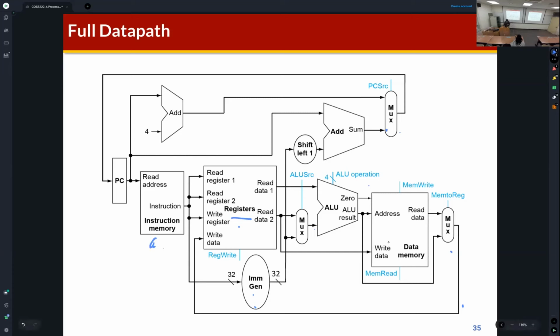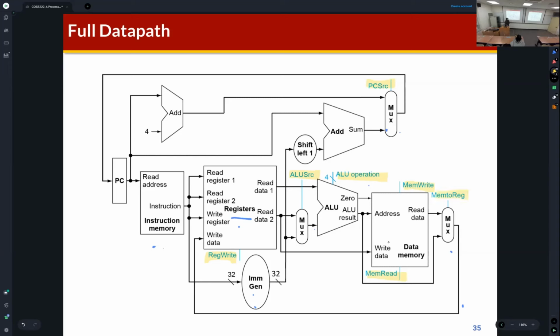So we can build the data path of the RISC-V single cycle processor like this. And then what is missing? If you see this figure, you can find that all input and output ports of hardware components are connected, but which ports are not connected? Right? ALU source, ALU operation, PC source, am I right?